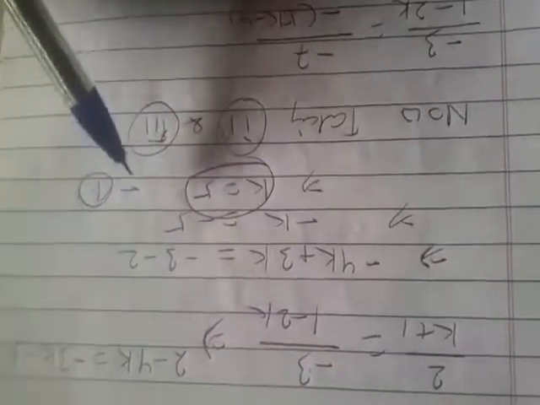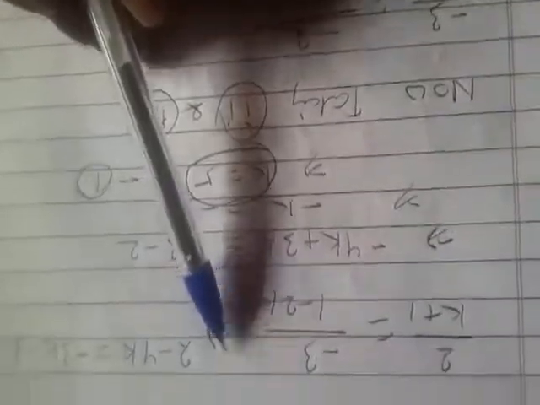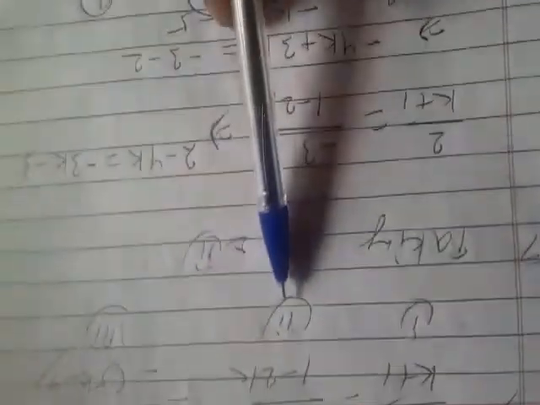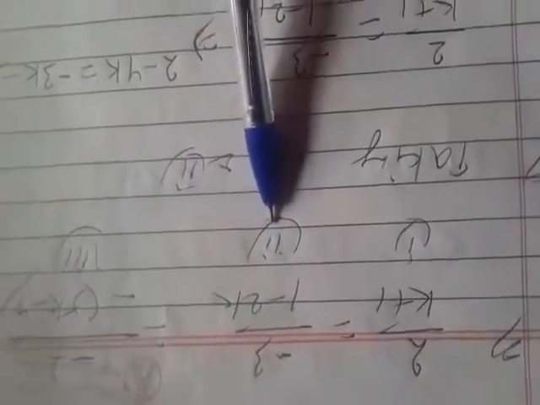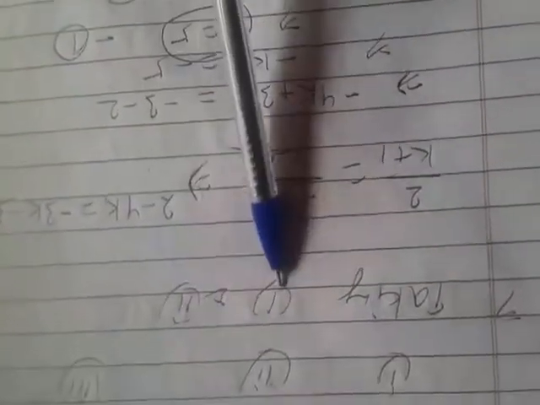Now we have to verify it with the other two relations also. If we get some other values, then we have to find the common value in all three conditions. We have taken the first condition. In the first condition, by taking 1 and 2, we got k is equal to 5.